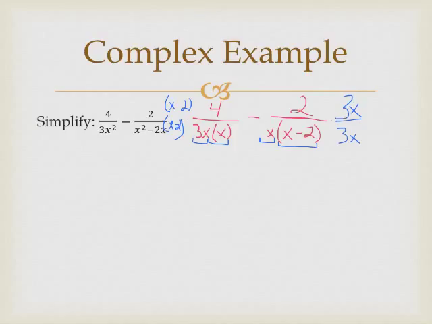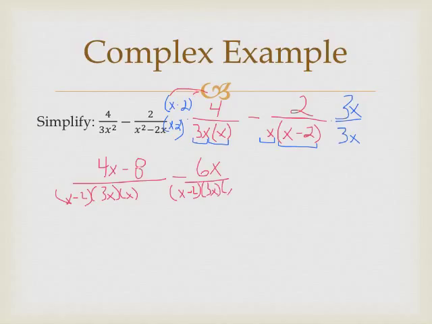So for the first part of our fraction, I want to distribute the 4. It's going to be 4x minus 8 over our common denominator of x minus 2 times 3x times x, minus, and then we have 2 times 3x is 6x over our common denominator of x minus 2 times 3x times x.